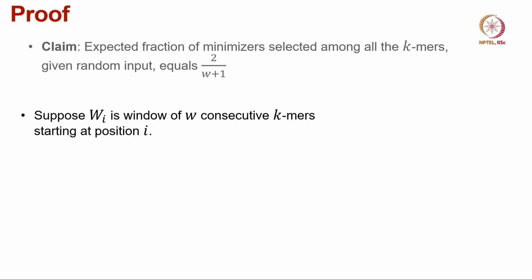Let Wi be the window of w consecutive k-mers starting at position i. So, if I am considering a sequence S and I have a position i, then I am considering the k-mers that are present in the sequence, and I am calling Wi the w consecutive k-mers present in this window.